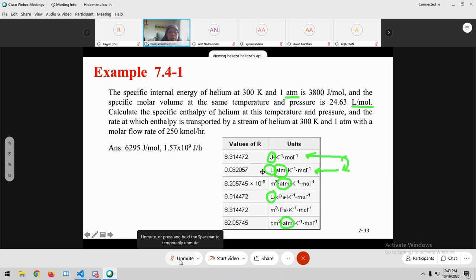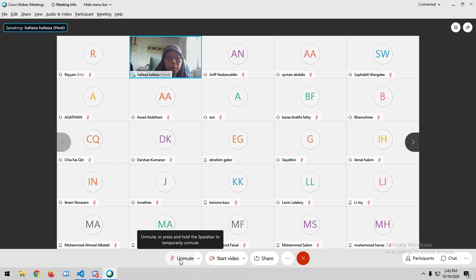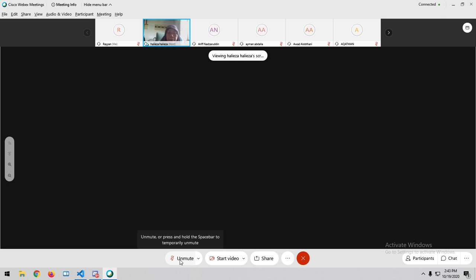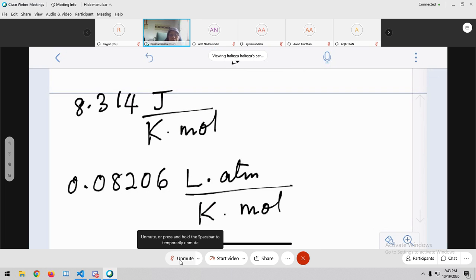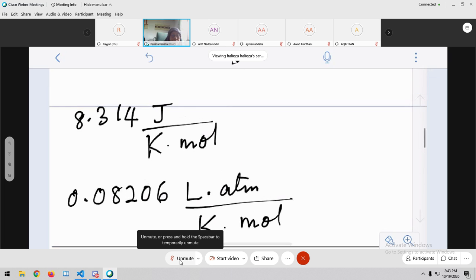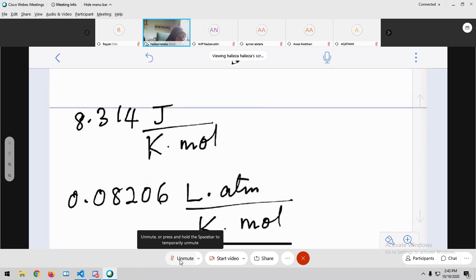Okay, let's unshare this so that we can continue with our example calculation. I already wrote down the two gas constants that we just got. We're going to use them.